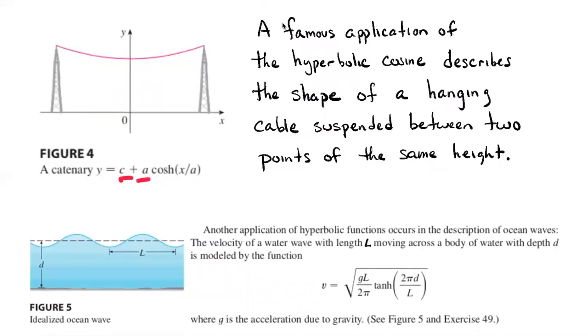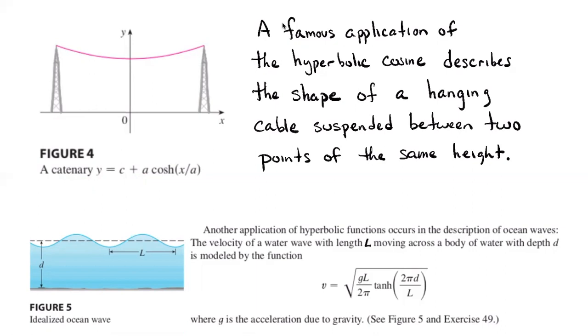These numbers C and A are parameters that depend on how tall the poles are, how far apart they are, the tension of the cable, and so on. So the physics bears out what these parameters should be. But a cable falls into the shape of a hyperbolic cosine. Those are called catenary curves. So that's a famous application of hyperbolic cosine functions.